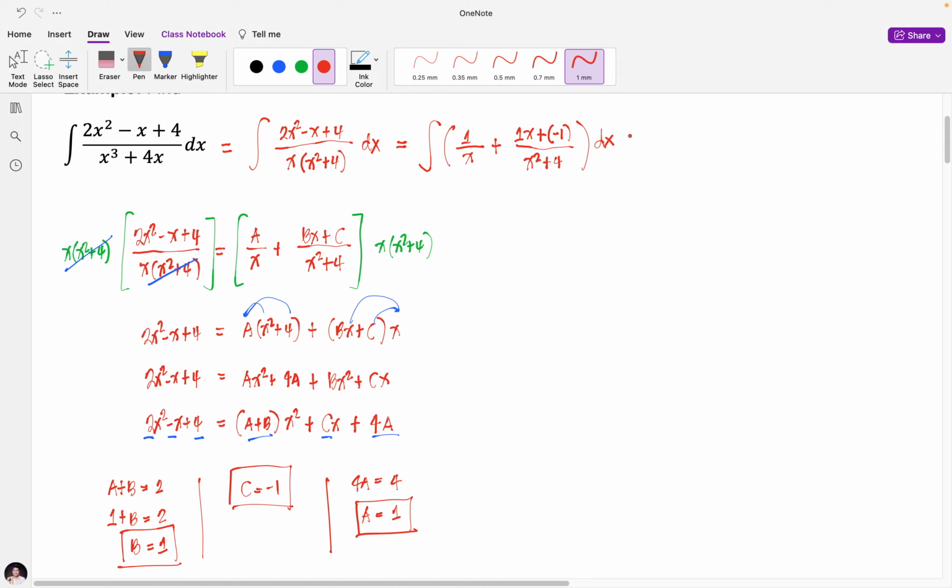Now let's simplify. This is now the integral of 1 over x plus x minus 1 over x squared plus 4 dx.